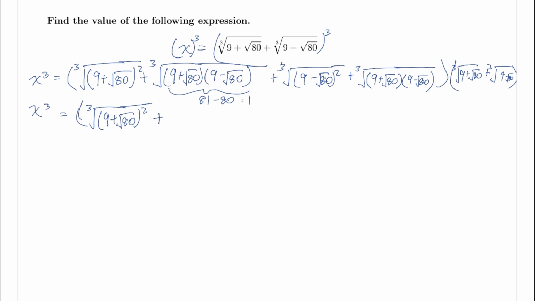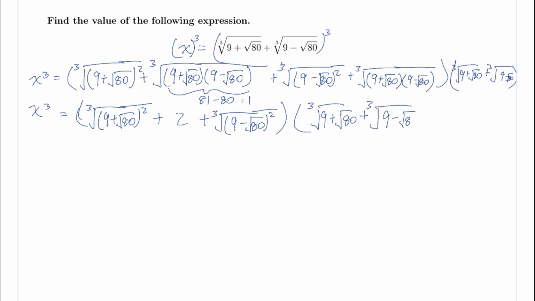Since we have 2 of these, this is actually just going to be 2 plus the cube root of 9 minus root 80, squared. Okay, and that's as much as we can simplify this first part. So now we just have to finish it up by multiplying with this part: the cube root of 9 plus root 80 plus the cube root of 9 minus square root of 80.